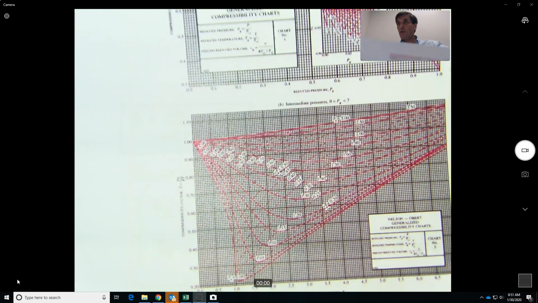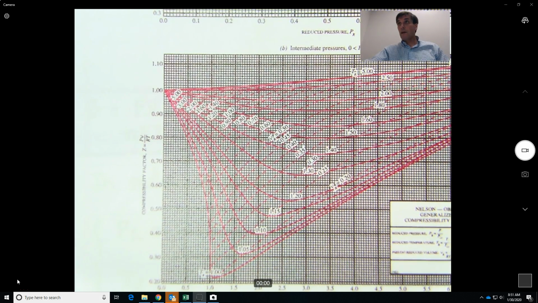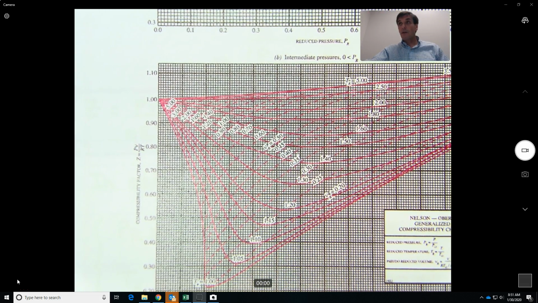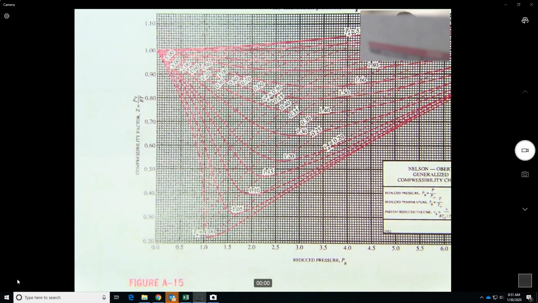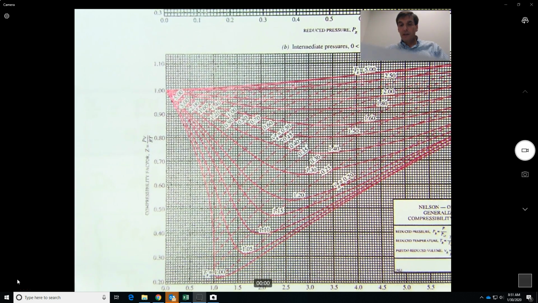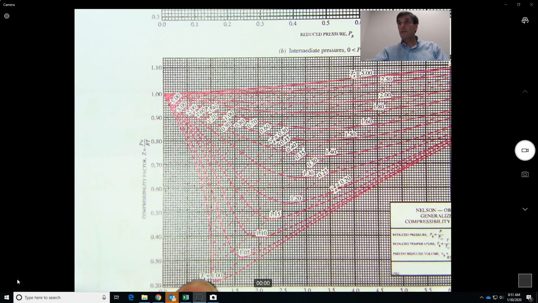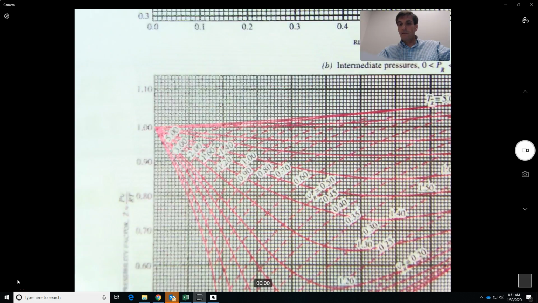I'll try to zoom in a lot more now. Okay, the best thing is that you print it out. But basically at the bottom you have PR, here you have the Z, and it's really hard to see, but here you have lines of TR, and you're also going to have lines of VR.